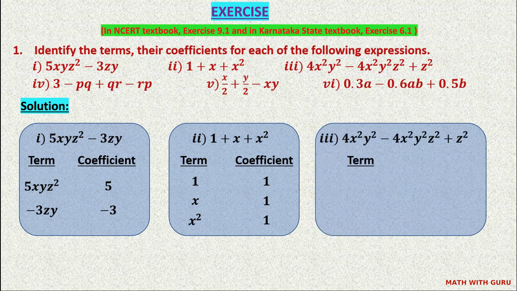Third expression, there are 3 terms, we don't write plus z square, it is understood. The coefficients are 4 and then minus 4. For z squared, it is 1z squared, therefore the coefficient is 1. Let us move to the next expression.